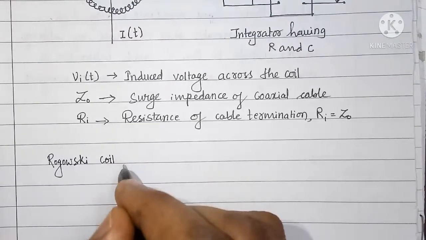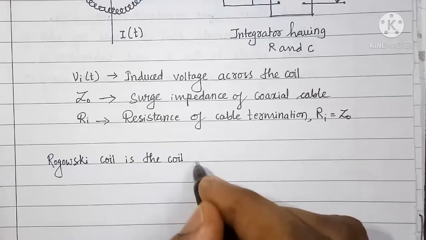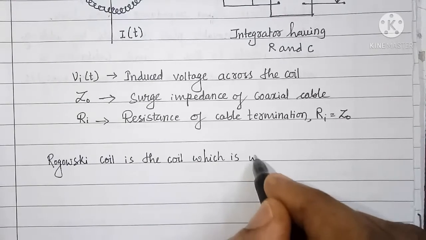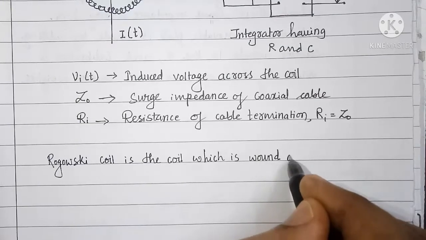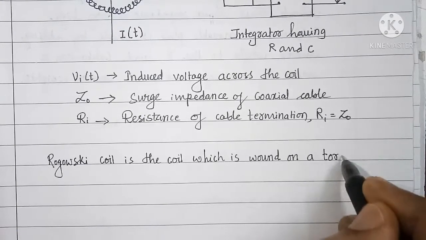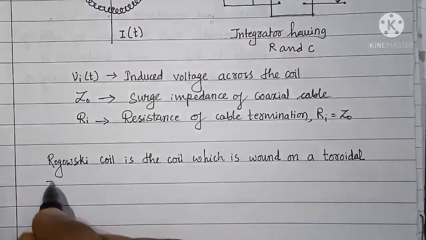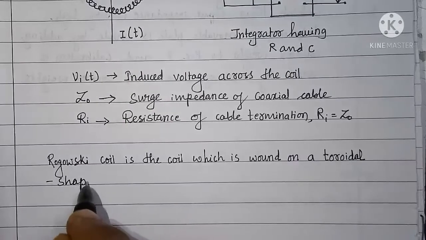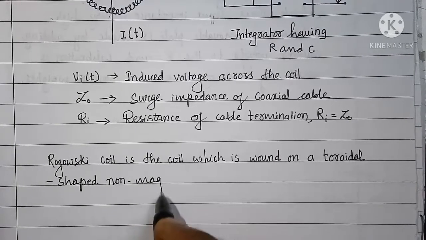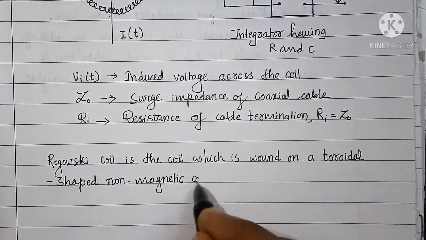Rogowski coil is the coil which is wound on a toroidal shaped non-magnetic core.